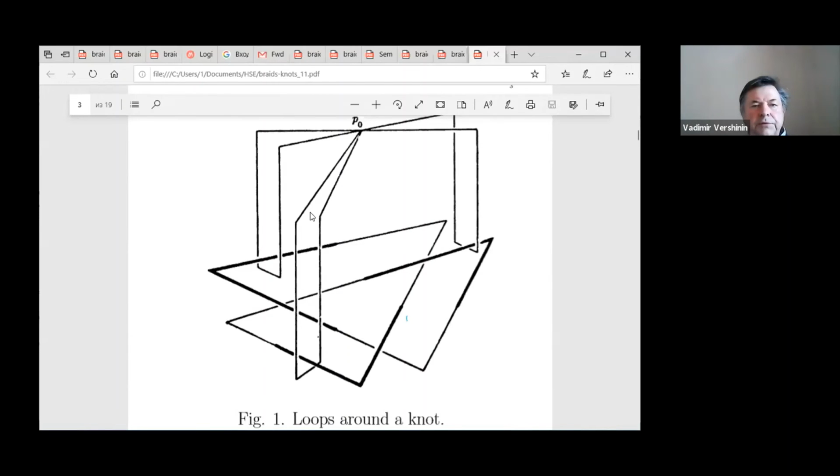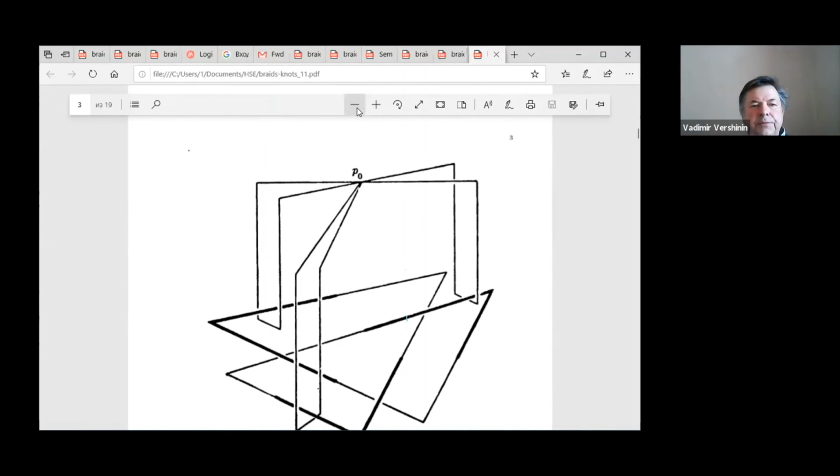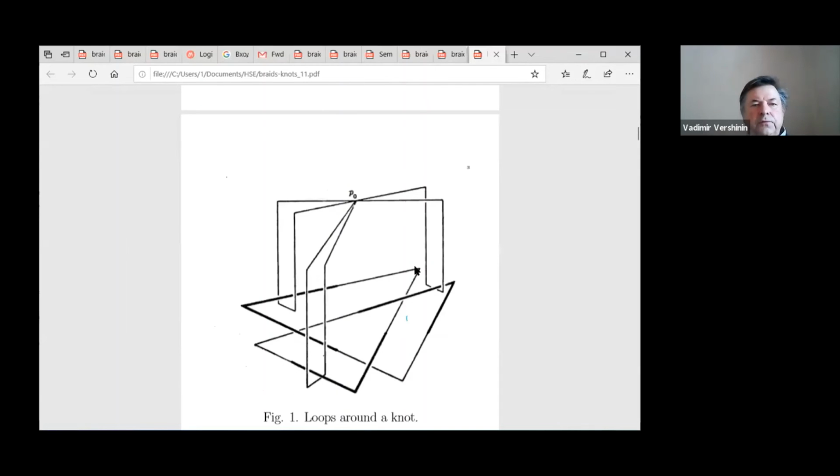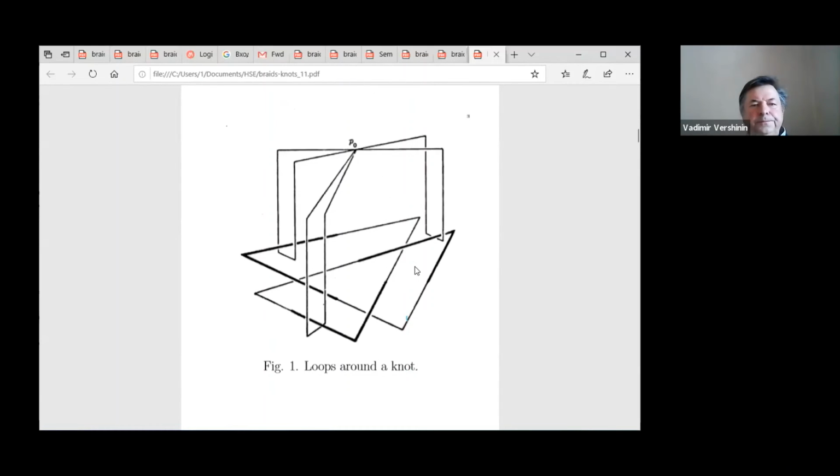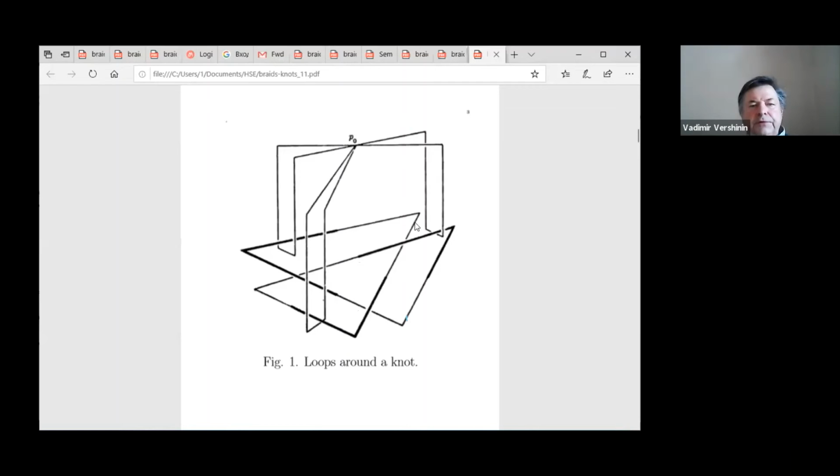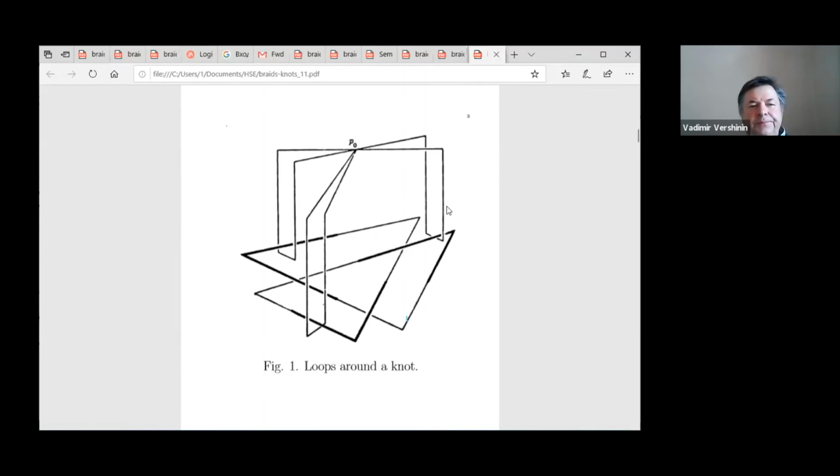Okay, so let's draw the picture, right? So you see, you take the point pi 0, and this is a knot in a space. At the moment, this is actually showing the idea how to calculate this.